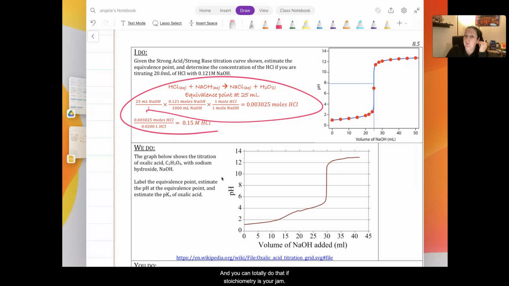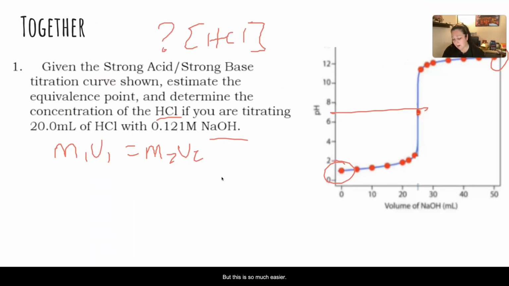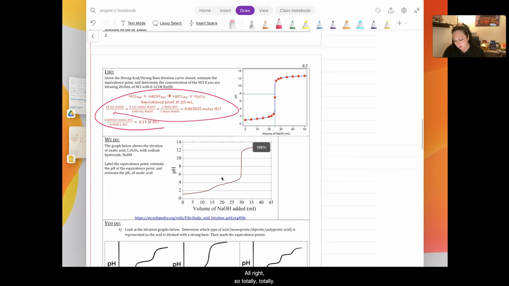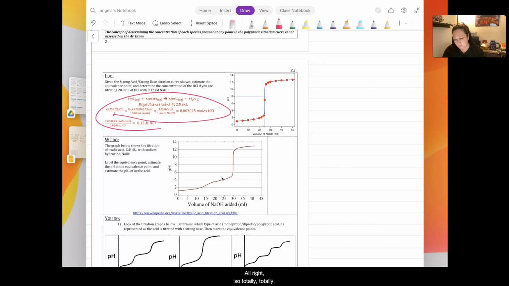And you can totally do that if stoichiometry is your jam. Normally stoichiometry is my jam because I love it, but this is so much easier. Actually, I'll work it over here so we can have them side by side.